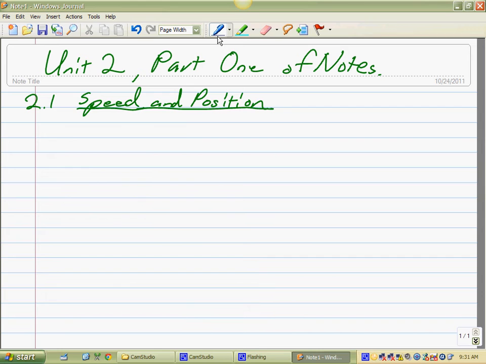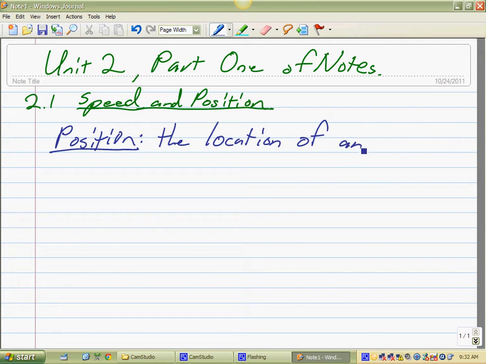So let's start with position. Position is the location of an object at one instant.